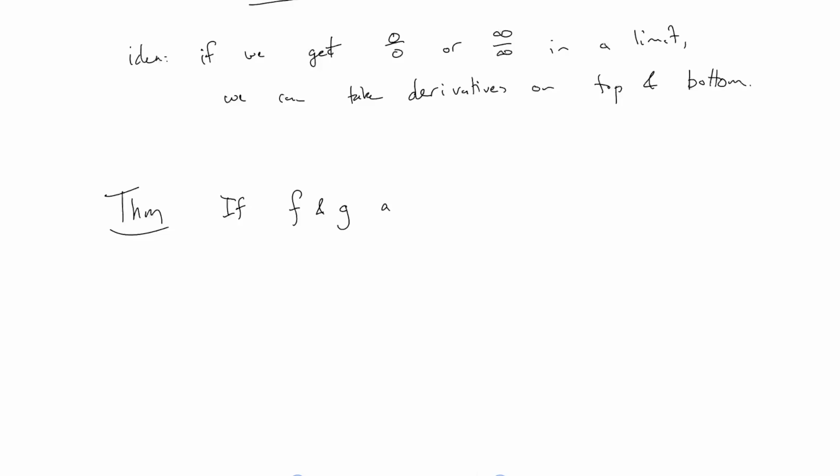So if these are differentiable functions, they have to be differentiable because the whole point of L'Hopital's rule is you're going to take the derivative. So those functions need to be things which have a derivative. That's what differentiable means.